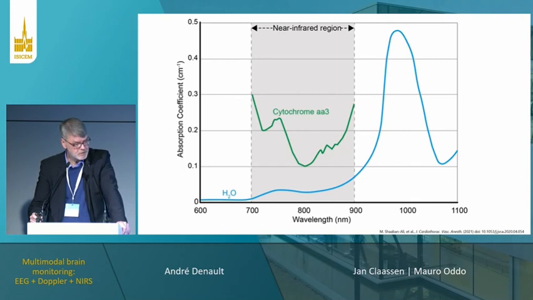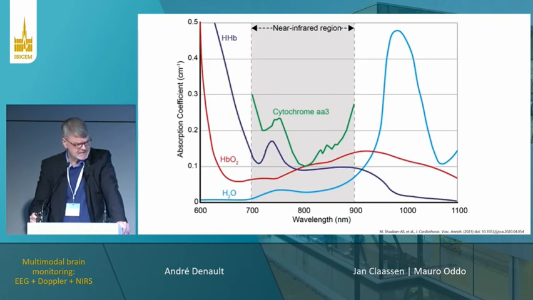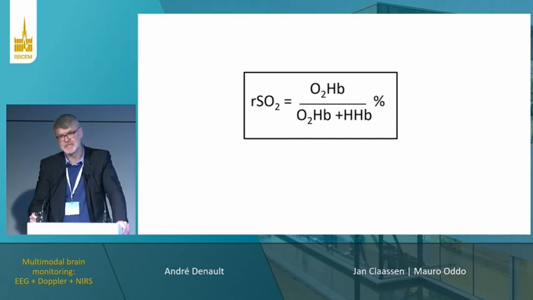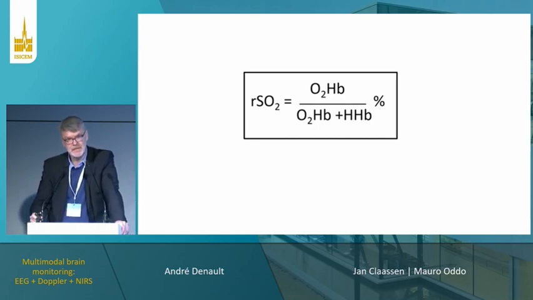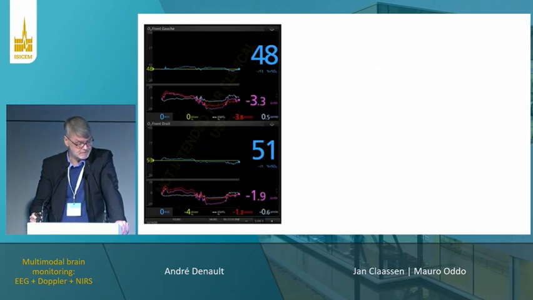What's important to realize, when you look at the relationship between the absorption coefficient and the wavelength, is that the absorption of the oxyhemoglobin is different than the absorption of the deoxyhemoglobin. So your brain saturation value will depend on the percentage of oxyhemoglobin divided by the oxy plus the deoxyhemoglobin.